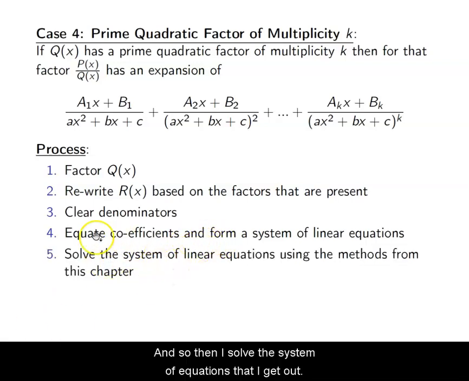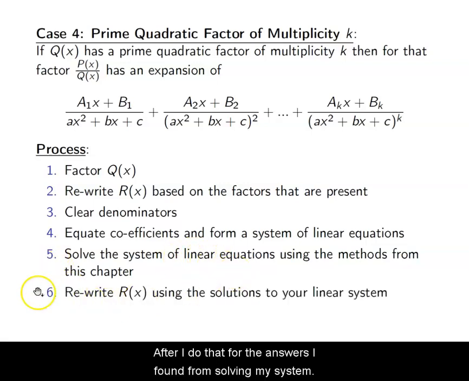And so then I solve the system of equations with the methods I've learned in this chapter. I can use Cramer's rule, I can use inverses, I can use reduced row echelon form by turning it into an augmented matrix. There's a few things we have on our belt at this point, and I would use whichever ones are the most appropriate or whichever ones I find easiest to use.